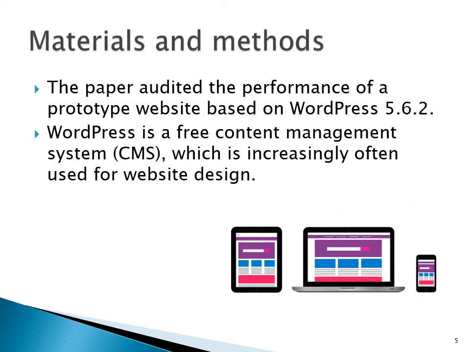Materials and methods. The paper audited the performance of a prototype website based on WordPress. WordPress is a free content management system, CMS, which is increasingly often used for website design.